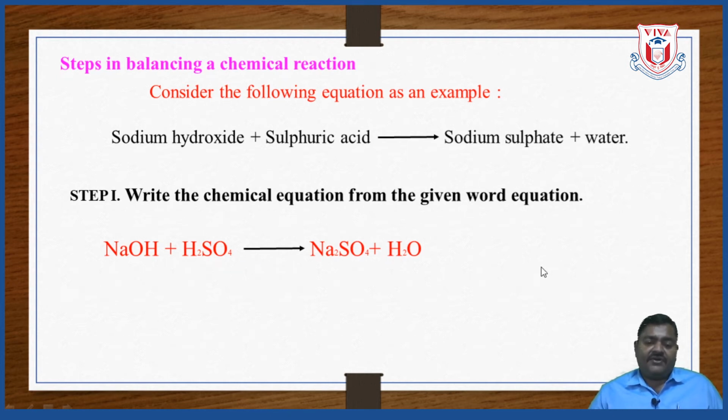This is the first step. In the first step we will write the chemical equation from the given word equation. जे वर्ड इक्वेशन आपल्याला सांगितलं असेल त्याच्यापासून आपल्याला केमिकल इक्वेशन लिहावं लागेल.